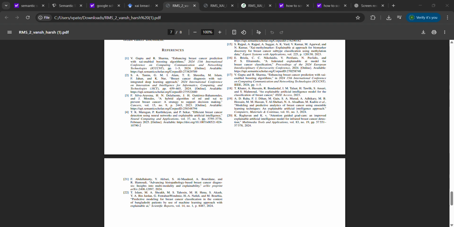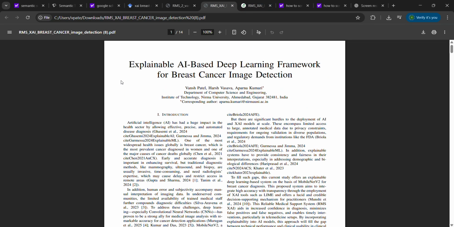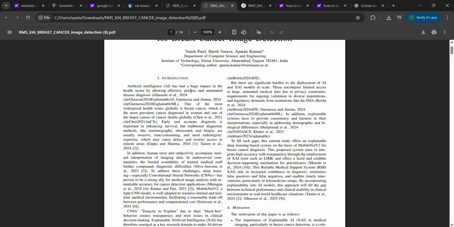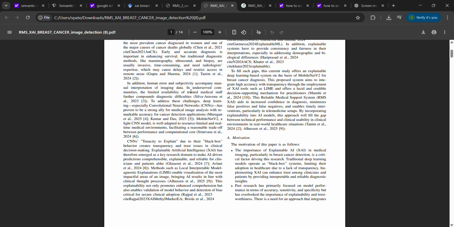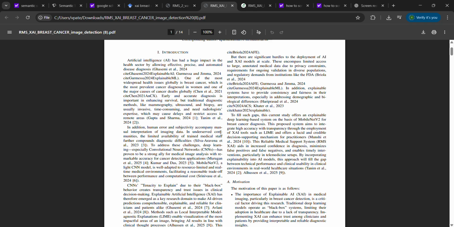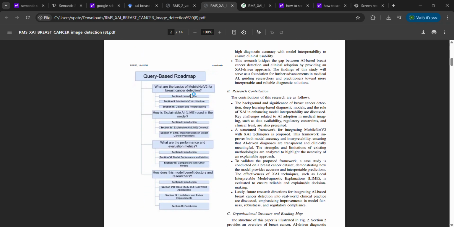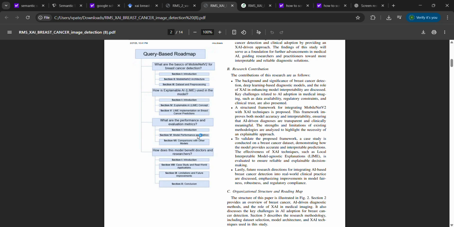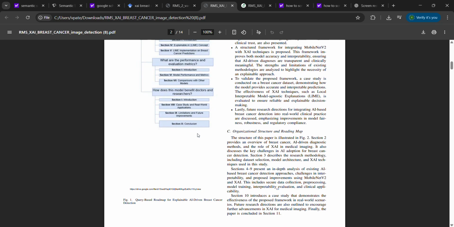Okay, so I will show you a draft of a review paper of mine. Here you can see it was an XAI based review paper for many different algorithms. Here first is the introduction part, and here comes a query based roadmap, which I did for MobileNet V2.